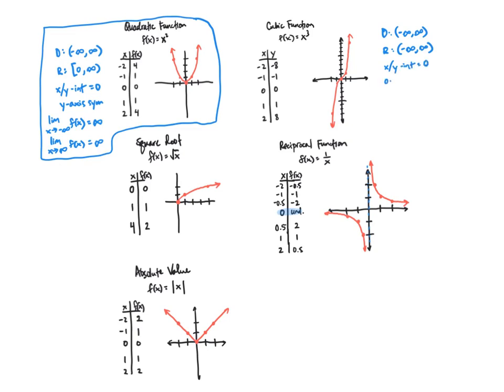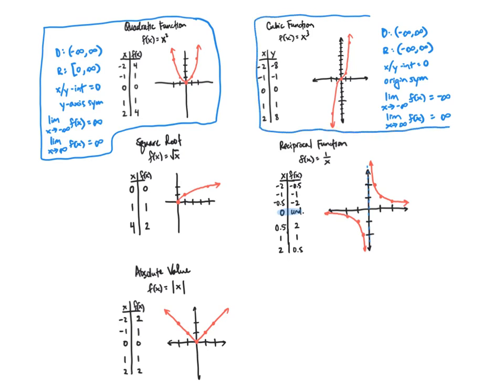It has origin symmetry. And as far as the end behavior goes, the limit as x goes infinitely to the left of the function is -infinity, and the limit as x goes infinitely to the right of the function, that side goes to positive infinity. So these are your characteristics of your cubic function.